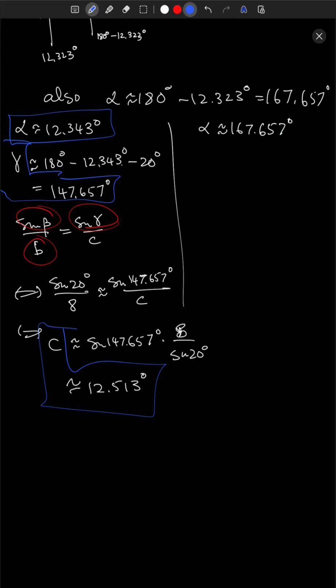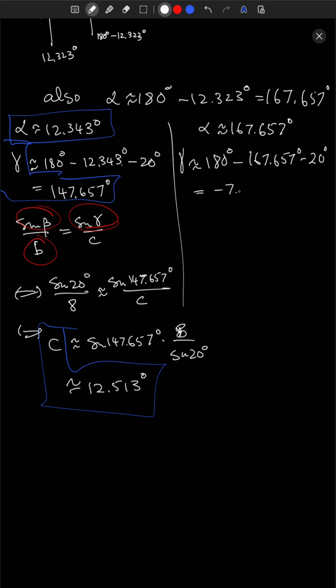And then now let's go to the other side. And here's where the other side is interesting. Our first step is, again, let's figure out gamma. Gamma is 180 degrees minus alpha, 167.657 degrees, minus beta, 20 degrees, right? Well, what do we get if we actually subtract these?